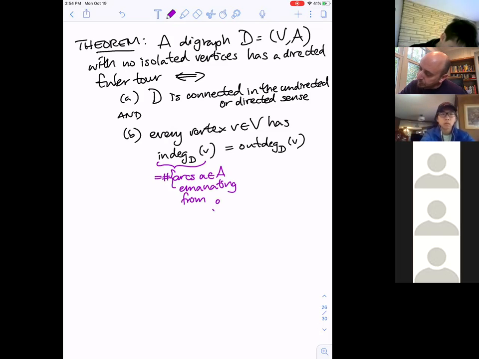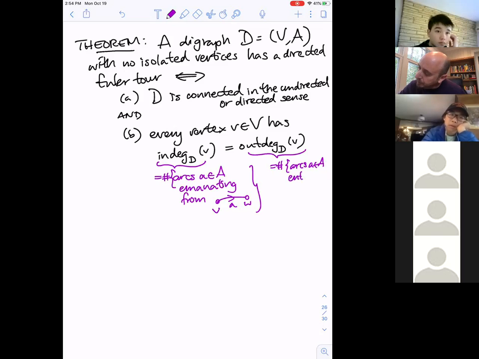So they look like this. Here's V, here's an arc going somewhere like that. And this is number of arcs entering V. So the arcs that look like this.